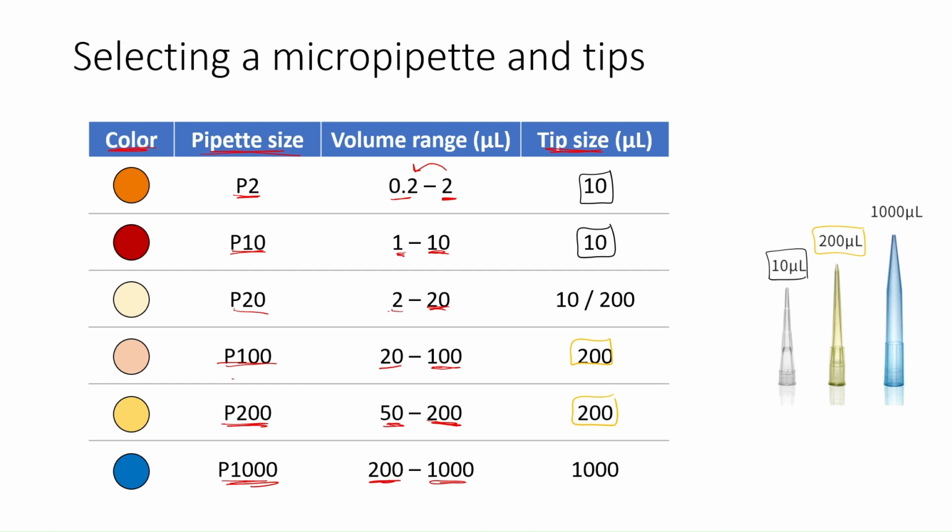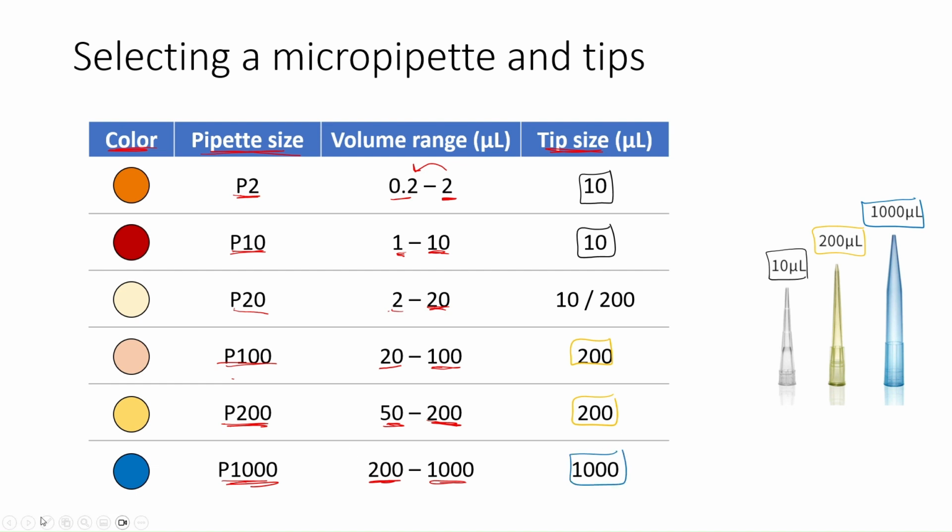You might get liquid up in the shaft of the pipette, and then that will take a while to correct. So please always be careful when picking those tips. The largest tip size we have is the 1,000 microliter tip, or the 1 mil tip, and these you're always going to want to use on your P1000.